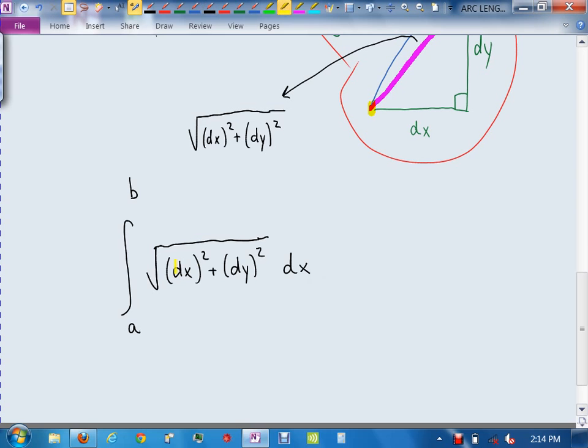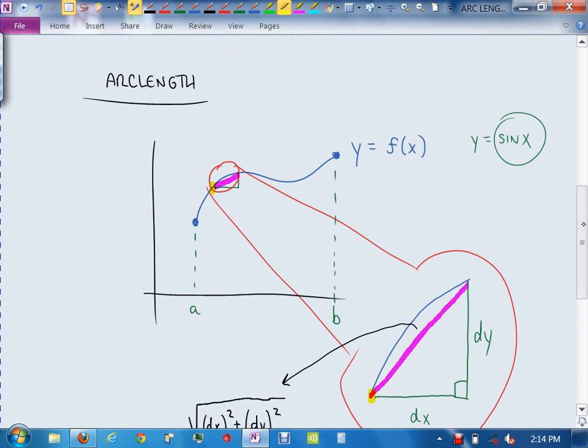Because right in here, the highlighted dx and the highlighted dy, we need to address these still. Okay? What is our function dependent on? Let's go back up to right here. Our y function is dependent on x, isn't it?